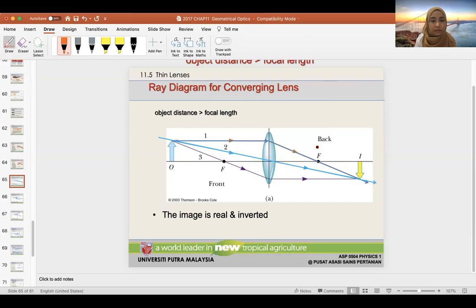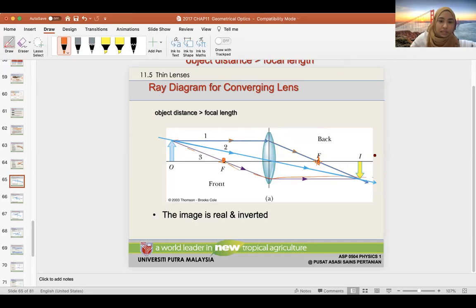Here it shows you an example of a converging lens where the object distance is greater than the focal length. So your focal length is here. Remember that you have your focal length on both sides. So if you place your object over here, this is not supposed to be your center focal length, but you could do that.